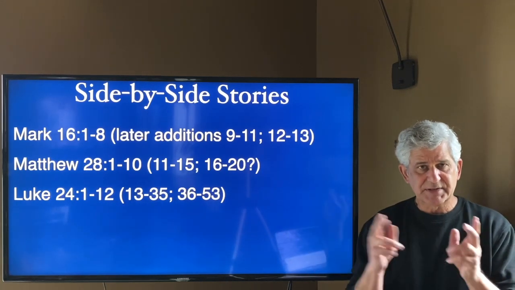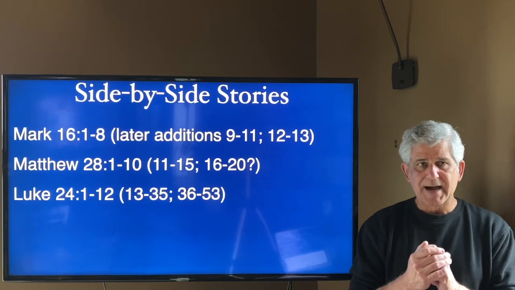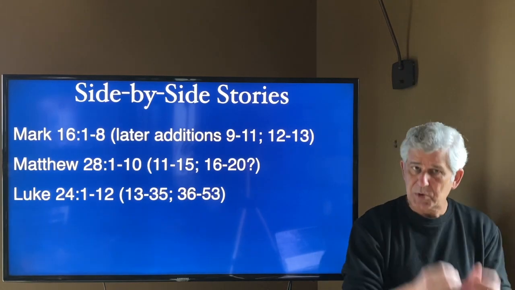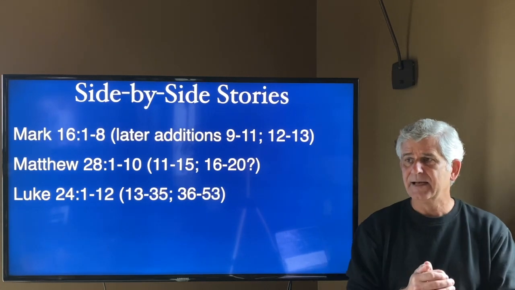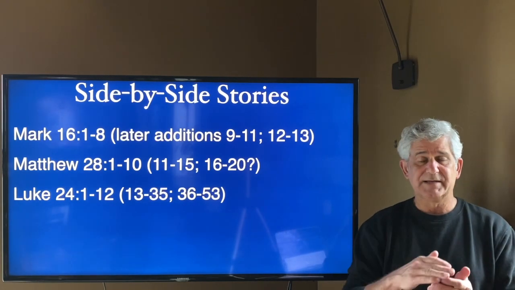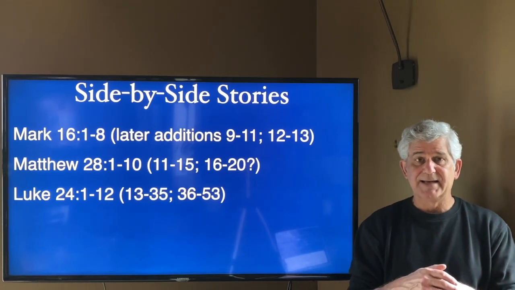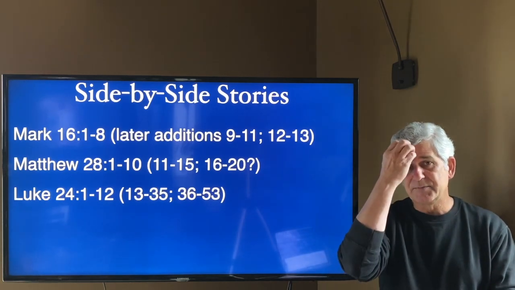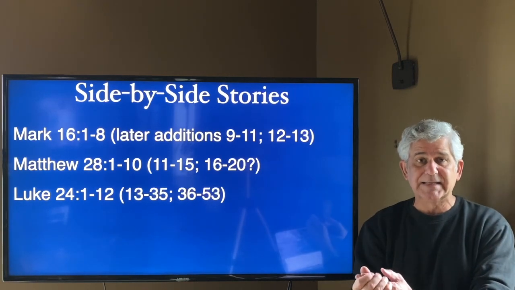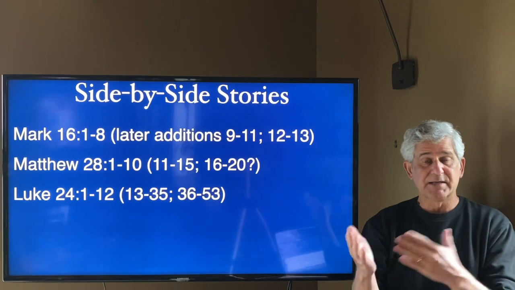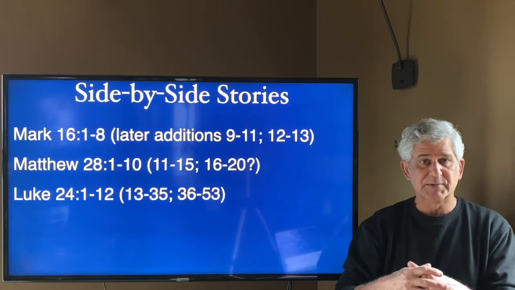And then in verses 13 through 35, you have a second Easter story, only instead of Easter morning as the sun is arising, this story takes place later in the day. It's called The Road to Emmaus. And it specifically mentions that it's time to turn in, to find an inn or a place to stay, or maybe they reach someone's home, and it's time to get off the road because nightfall is happening.